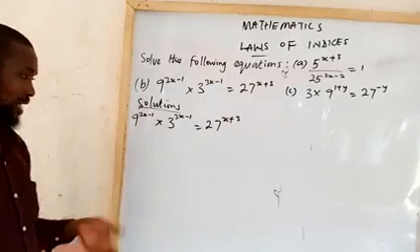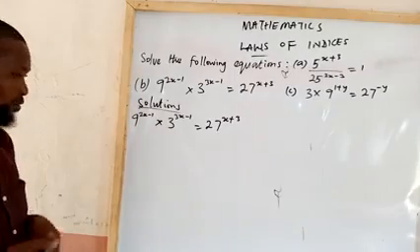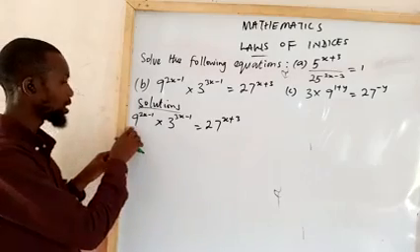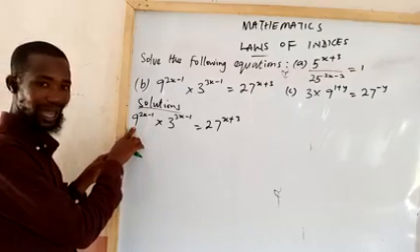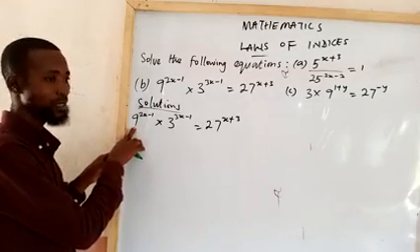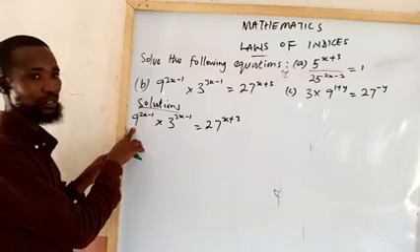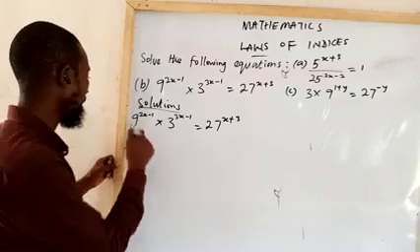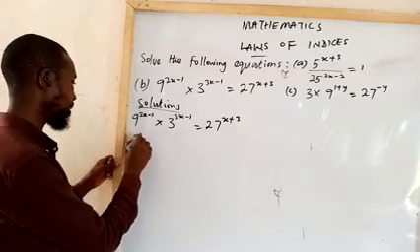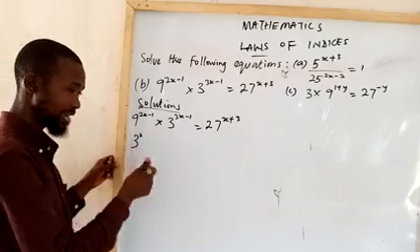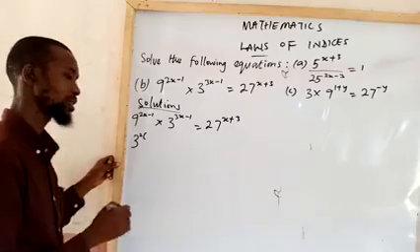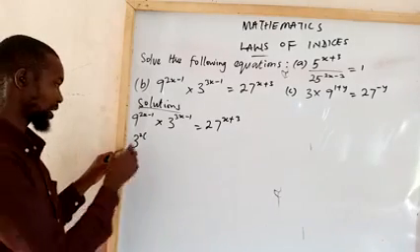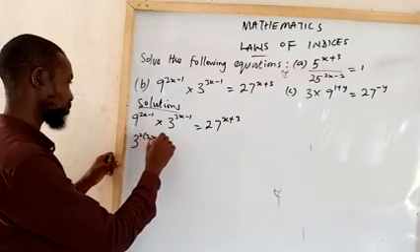Having done that, we now move to the next step of the solution. It is very possible to express 9 in index form having 3 as its base. If we do that, 9 becomes 3 raised to power 2, and the power we have earlier we put inside a bracket, that is 2x minus 1.